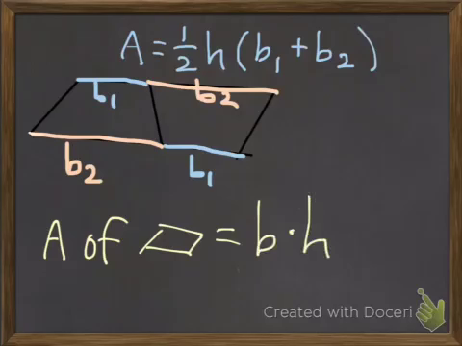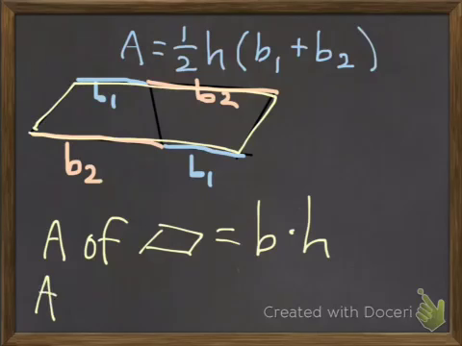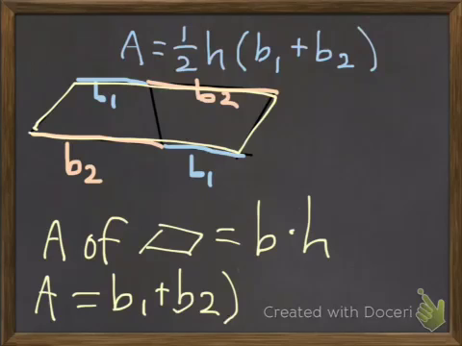So if I wanted to find the area of this parallelogram, it's going to end up being area equals base 1 plus base 2, that whole side length, that's going to be my base, times the height. Okay, and the height we're not given yet, but the height I would go like this, and I would measure that to find the height.